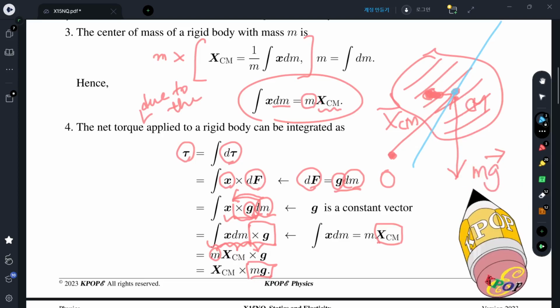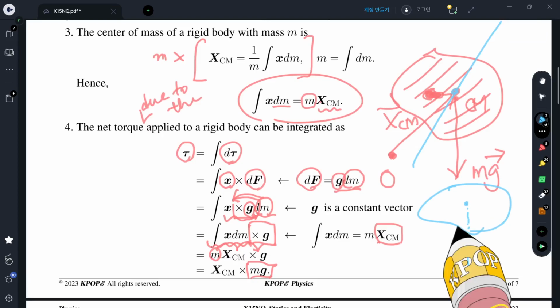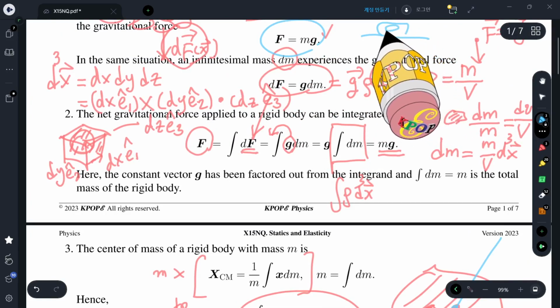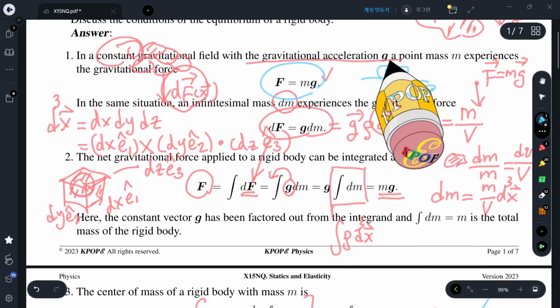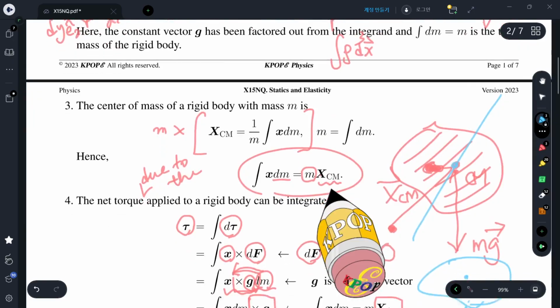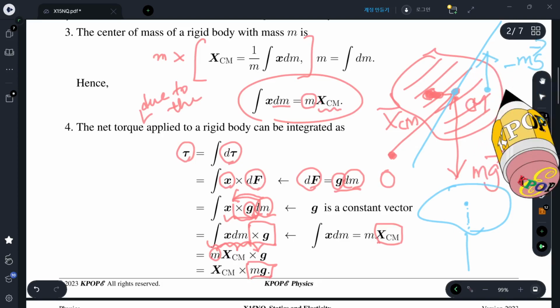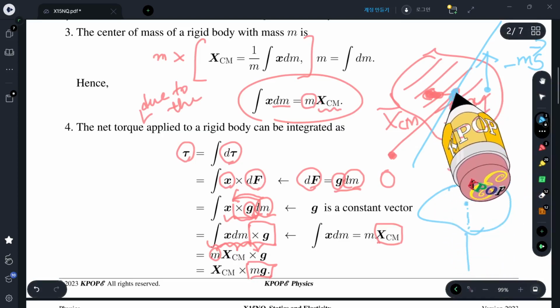In addition, if we hold some point that passes through the center of mass, then I can always make an equilibrium by canceling the gravitational force mg, sustaining it by minus mg. However, if I hold it elsewhere with the minus mg, a net torque appears. So gravitational force applies to the center of mass.